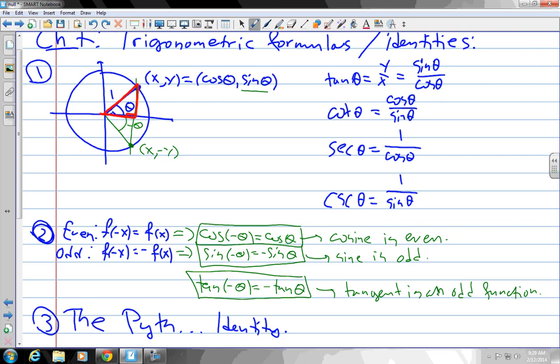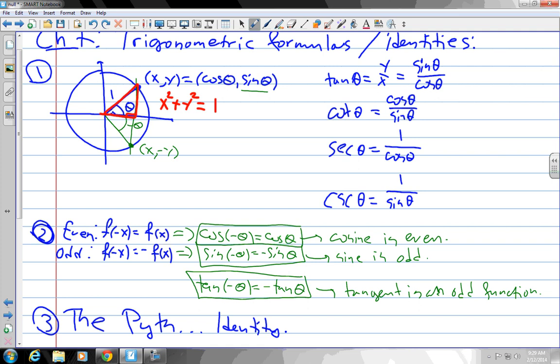So, now let me ask you this question. I'm back on the unit circle. And if I look at this little triangle, by the Pythagorean theorem, x squared plus y squared equals what? 1 squared, or 1, right? Hypotenuse squared.